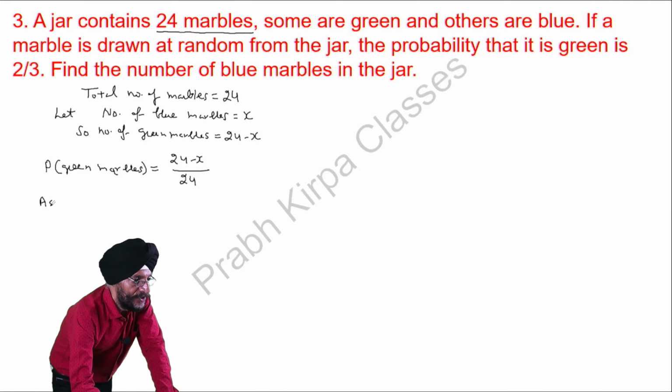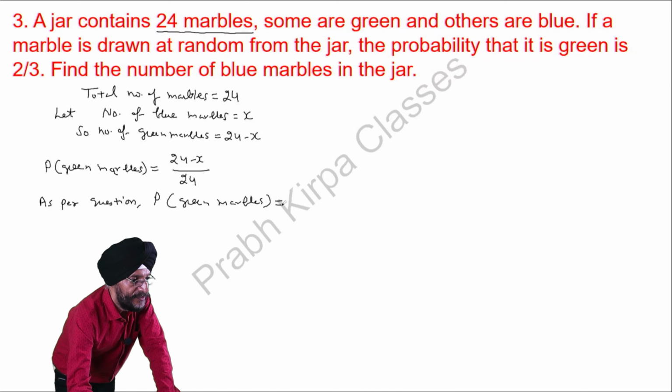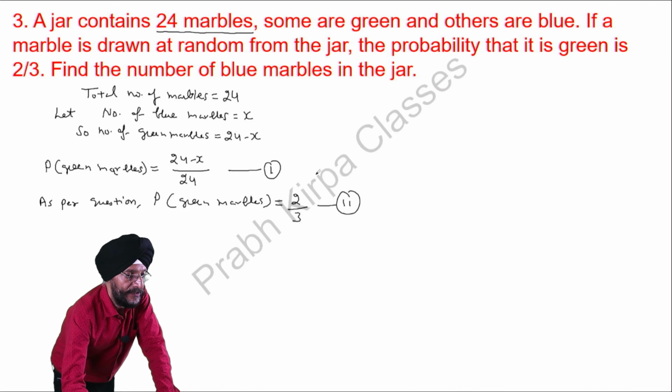Now as per the question, what is given? As per the question, it is given that the probability of green marbles is equal to 2/3. This is equation 1, this is equation 2.